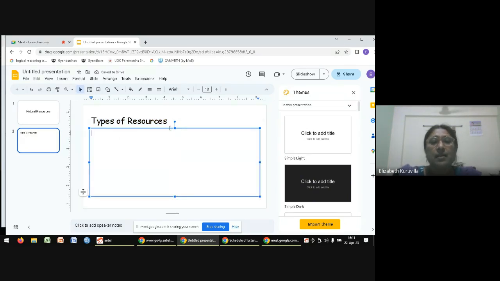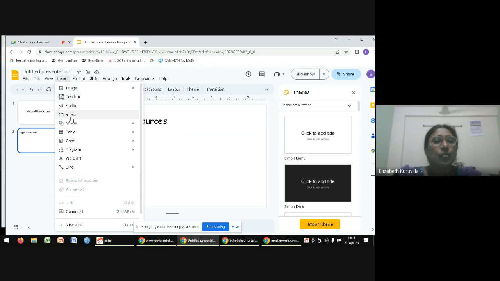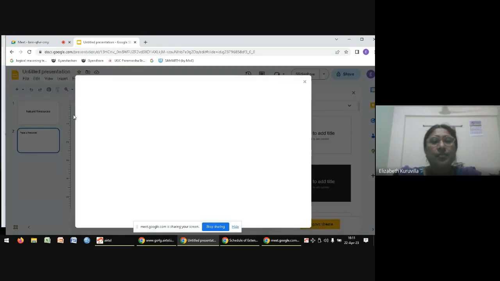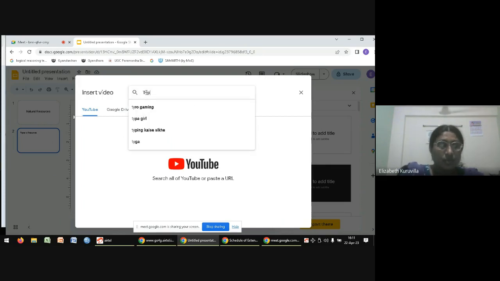Then if you want to include a video, you have to go to insert. This side you go insert, video, you click. You are going to search the video types of resources in YouTube.